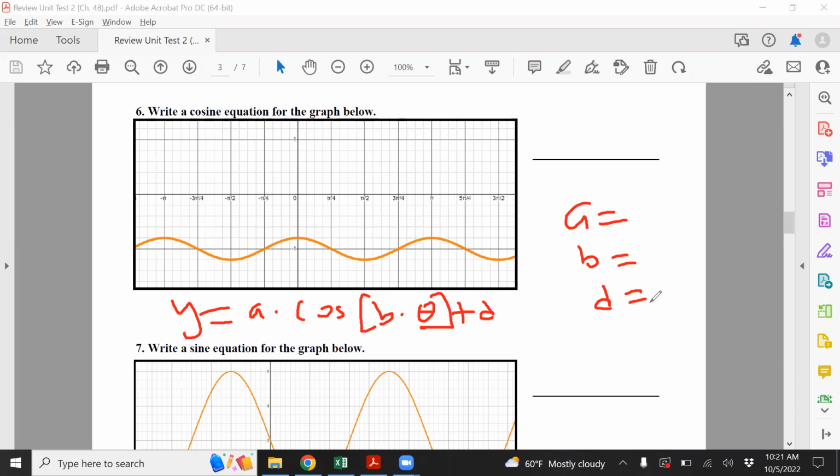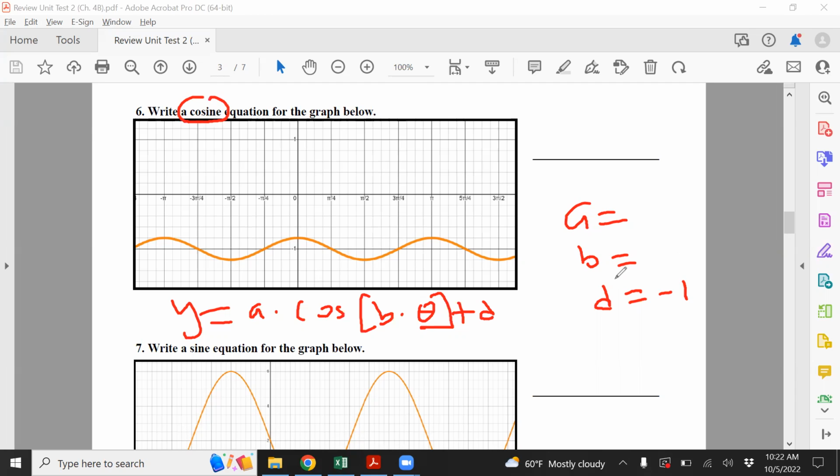And you're asked to do cosine. So where's the midline? -1. Good. -1. What do you guys think the amplitude is? That's a little tricky. -1 goes right to the middle. 0.4, because it goes above -1 and below -1, right?